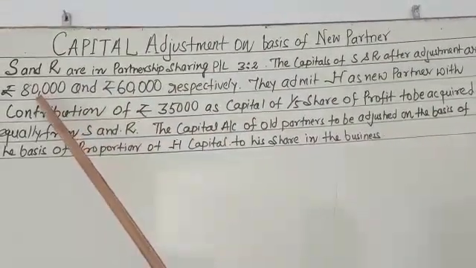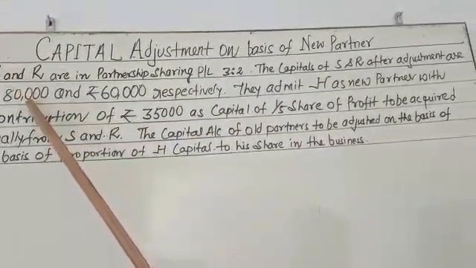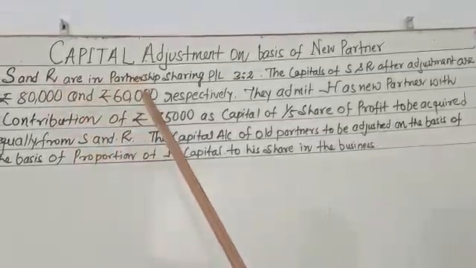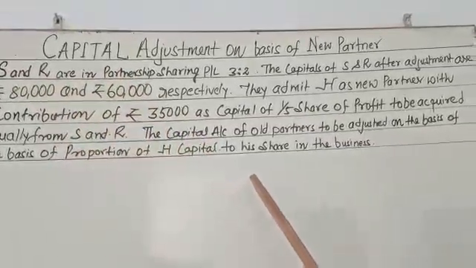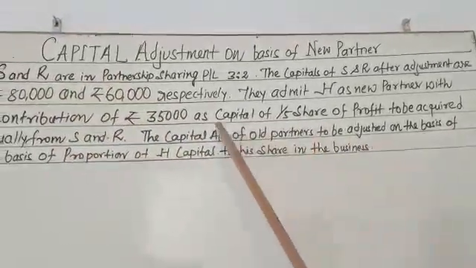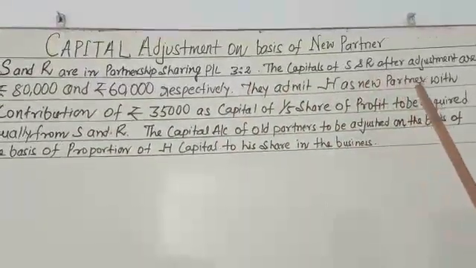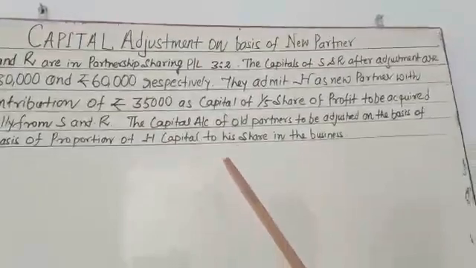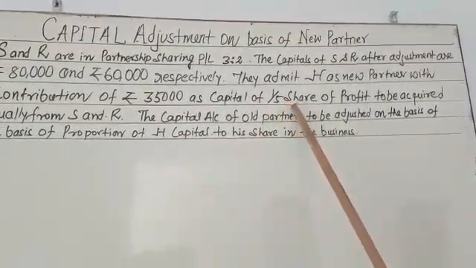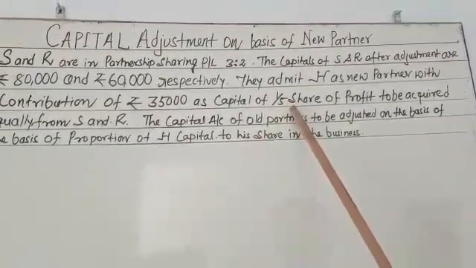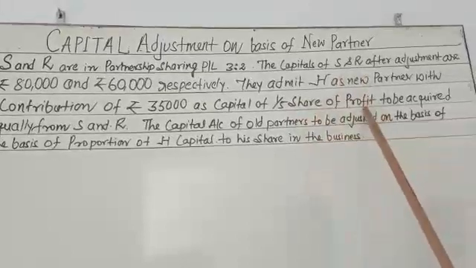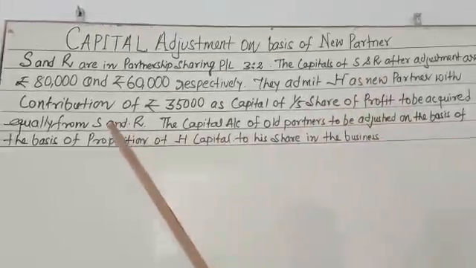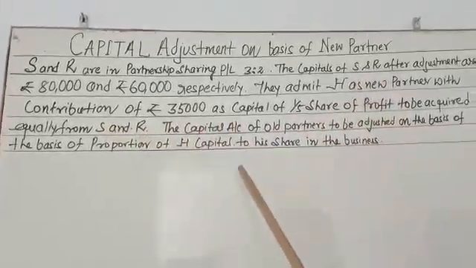Adjusted capital of S is 80,000 and R is 60,000 rupees. Coming to the next, H brings capital of rupees 35,000, and the firm provides 1/5 share of profit, which is going to be acquired equally from S and R.